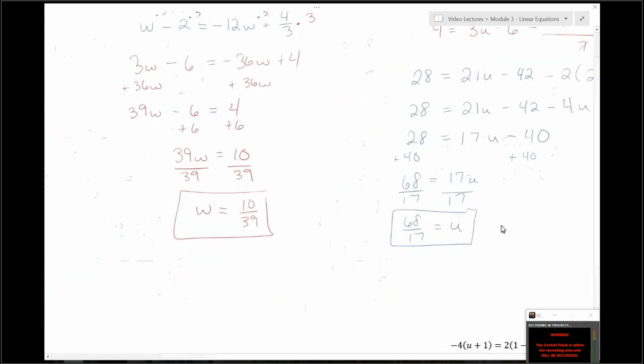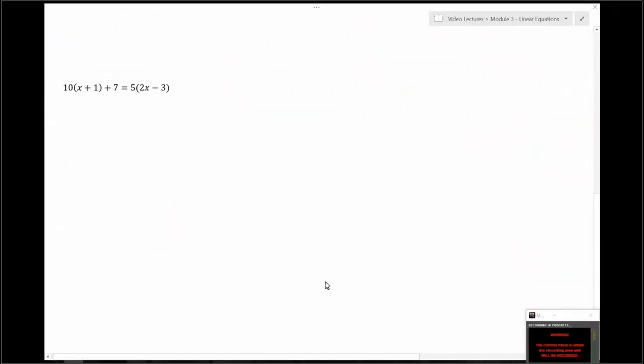So I have 2 more examples to look at. And you'll see this one, it doesn't look that complicated. Right? I could go ahead and just start distributing. I'll combine my like terms. And then I see something weird happen.